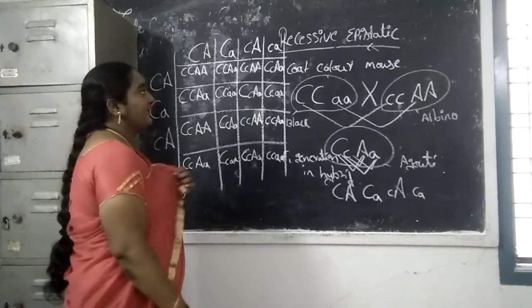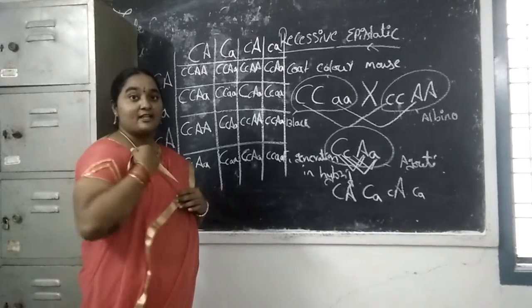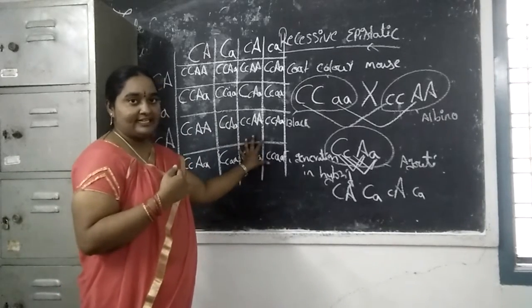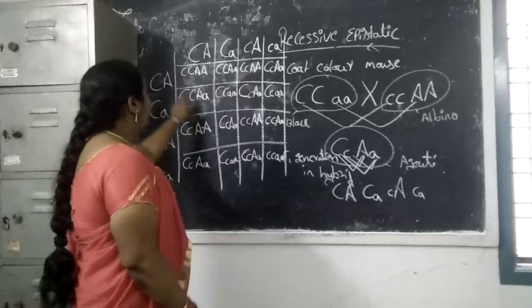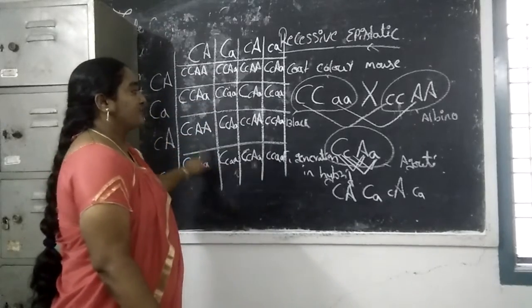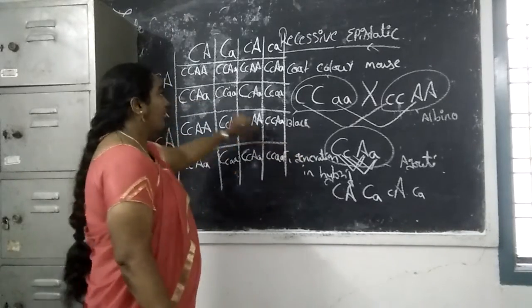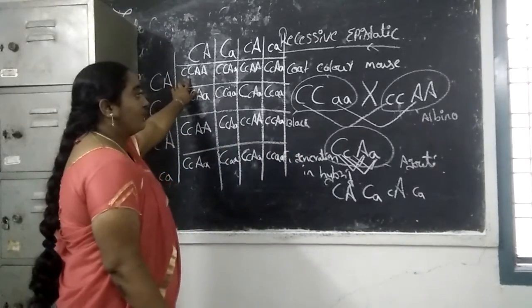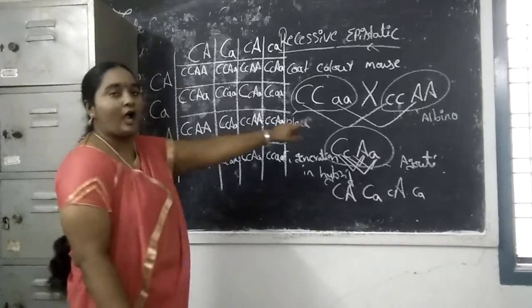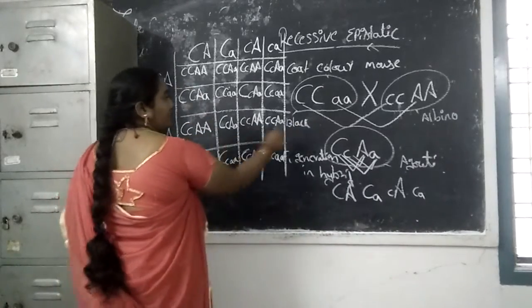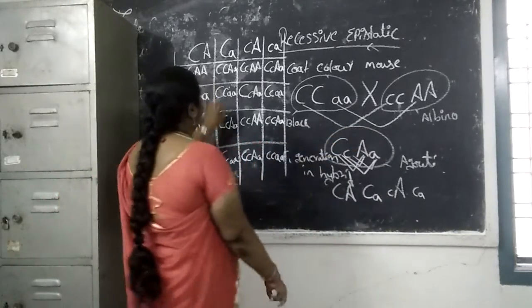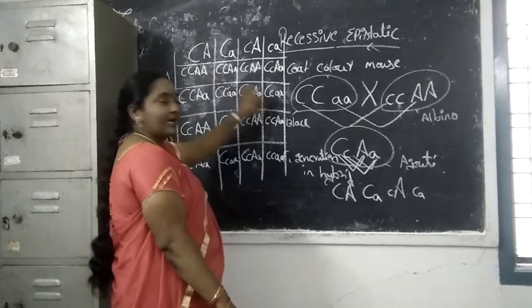It depends upon Mendel's law of inheritance, but it is not involved in the non-Mendelian modifications. So this is the identification of the phenotypes. The capital letters indicate agouti, and the small letters indicate the color.